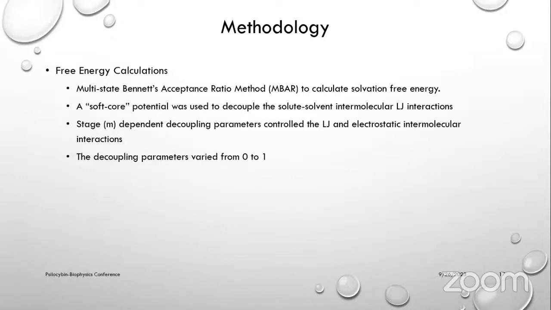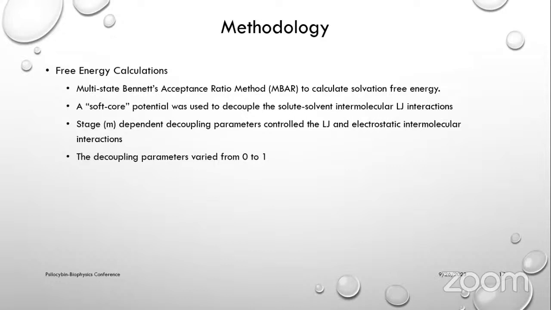For the free energy calculation, we use the multistate Bennett acceptance ratio method to calculate the solvation free energy. The soft-core potential was used to decouple the solute, the drug, and the selected solvent molecules to look at the intermolecular interaction.